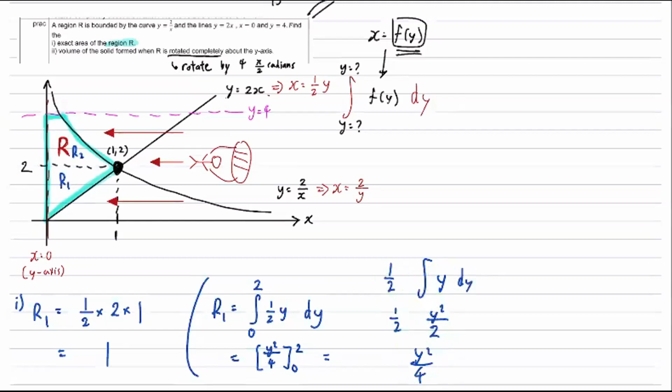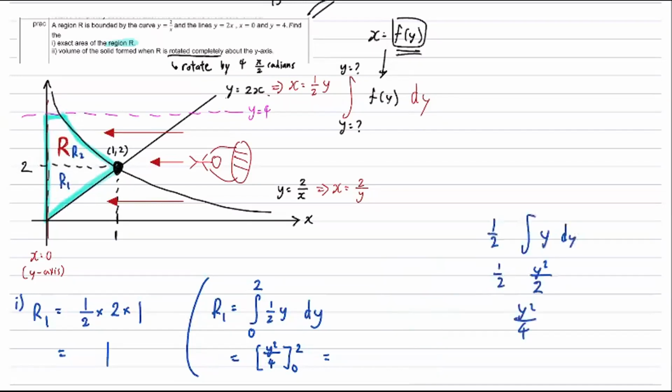Then you sub in 2 squared over 4 minus 0 squared over 4, which is just 1. This is the integration way to find the area of a triangle. A bit overkill, don't need. Let's just move on to R2.